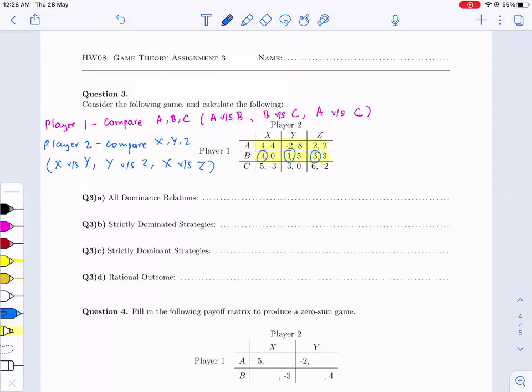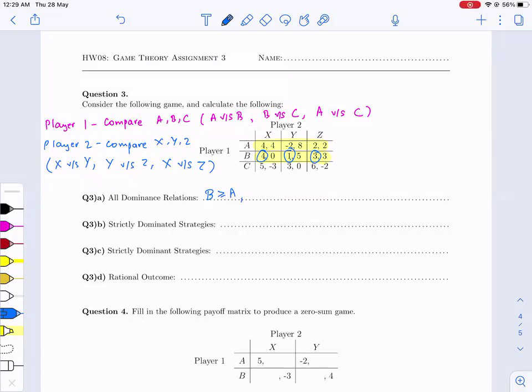And you can also circle this 4 because it's bigger than or equal to the 4 above. Okay. So this means that B dominates A. It doesn't strictly dominate A because in this case, when player 2 plays X, both strategies A and B are the best responses. So in one situation, A is as good as B, but in all the other situations, B is strictly better than A. So this is how you denote that.